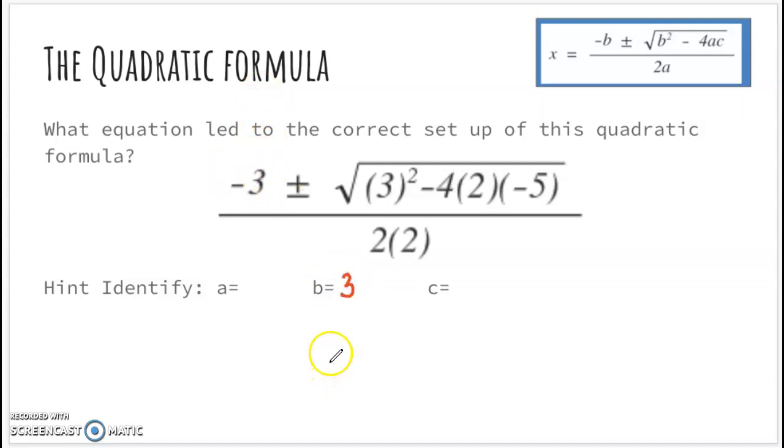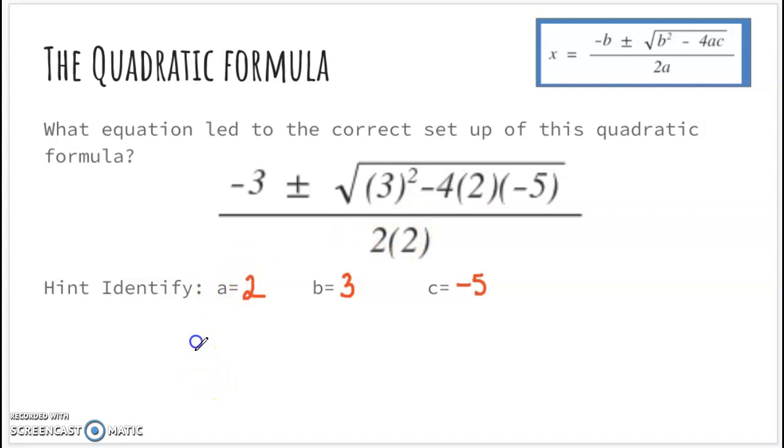Then we've got b squared minus 4 times our a value, which is 2, times our c value, which is -5. We can also verify using the denominator that 2 is our a value.